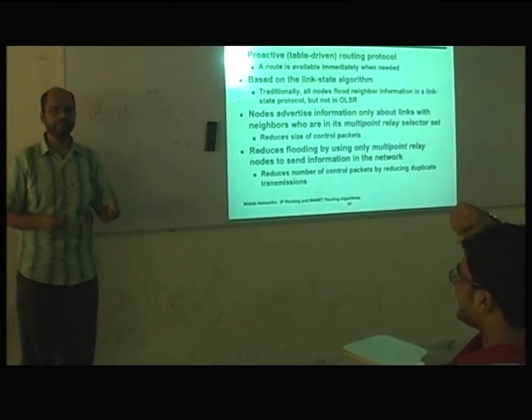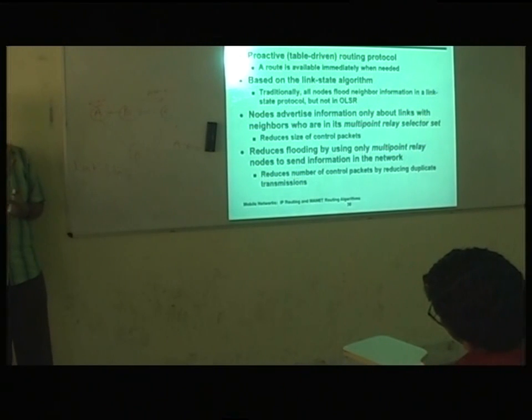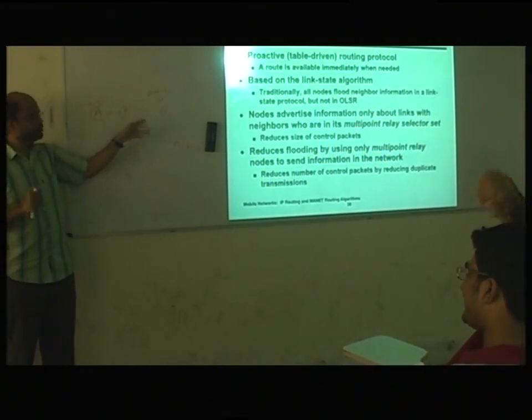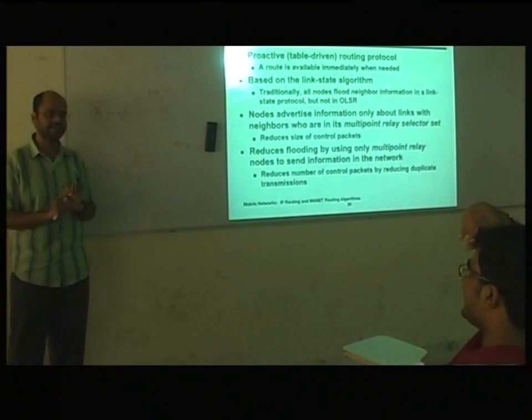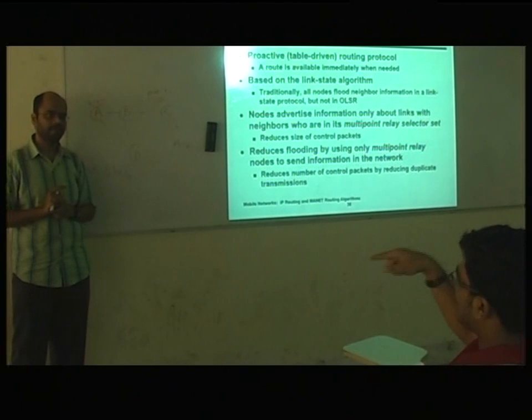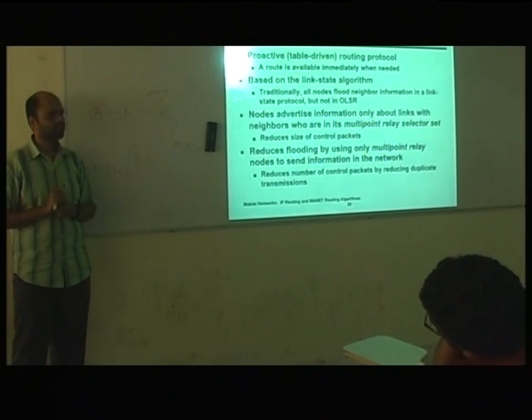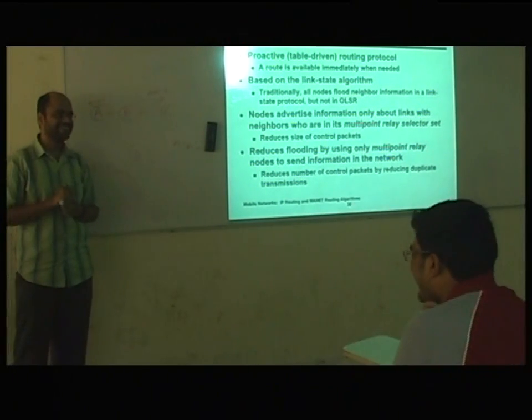Then you are adding more messages, right? It's fine, you can do that. But then you have to probably use the routing to send this information or flood the messages, and you create some more messages and so on. Only if C asks D for the information should it give, otherwise not. But how does it know what to ask for and what not to ask for? It's a chicken and egg problem.